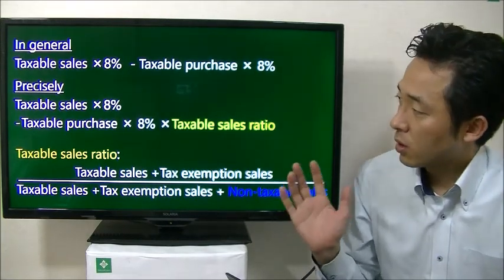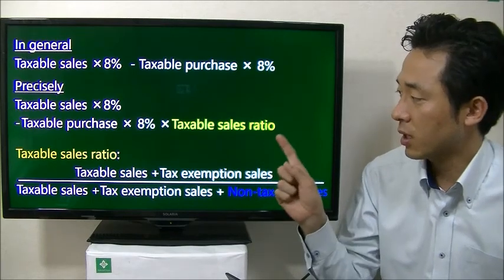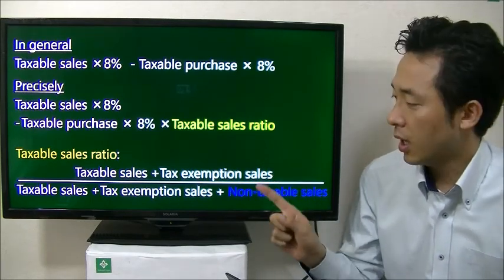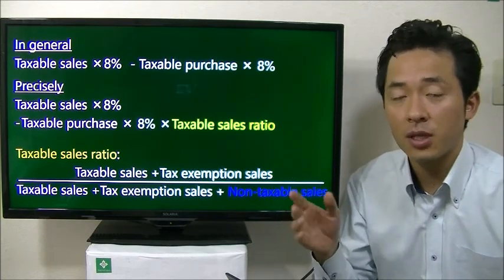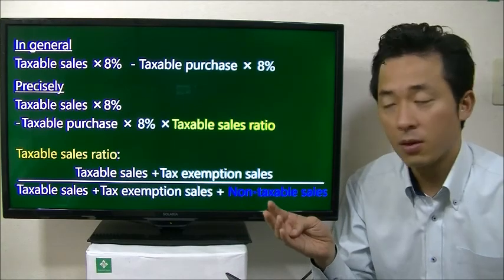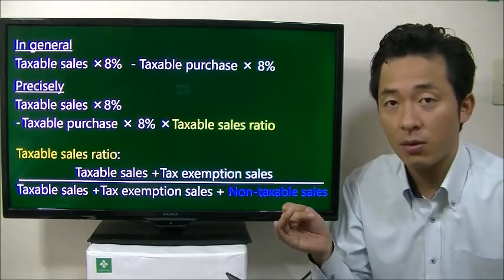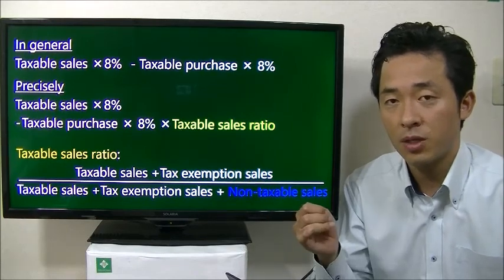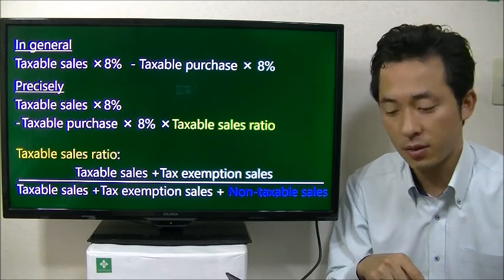So you can get the consumption tax credit according to the taxable sales ratio, and because of that, the transactions have to be separated into the 4 types: taxable, tax exemption, non-taxable, and others. Others means they never appear in this calculation.